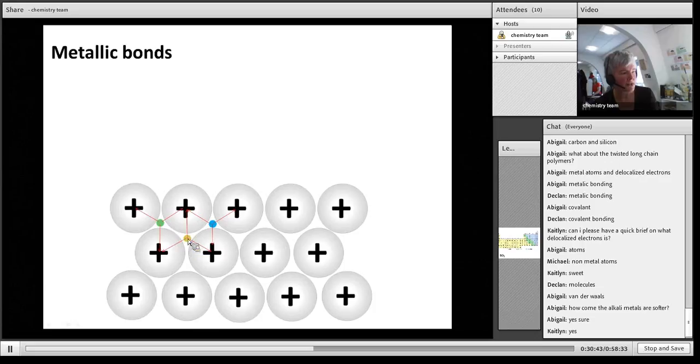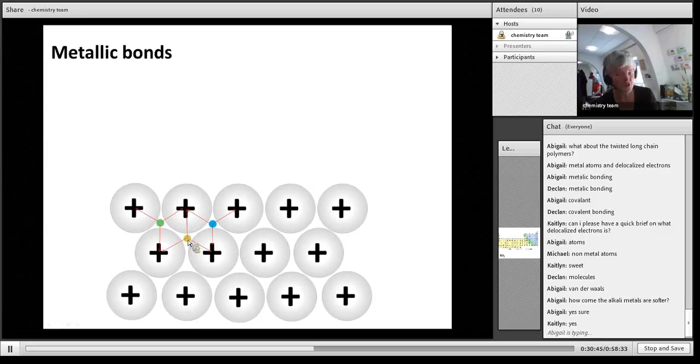And this one over here is being attracted to that nucleus, it's being attracted to this nucleus, and it's being attracted to this one over here. And similarly, this one is being attracted to 3 different ones as well. So the attraction is non-directional, because as this one moves, the attraction sort of lengthens and gets another attraction over here.